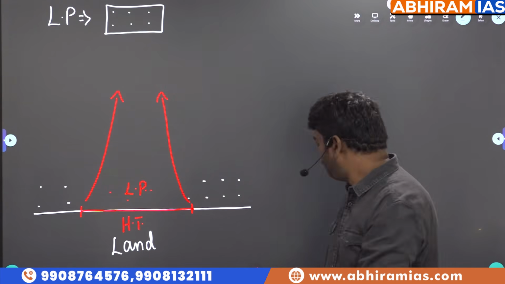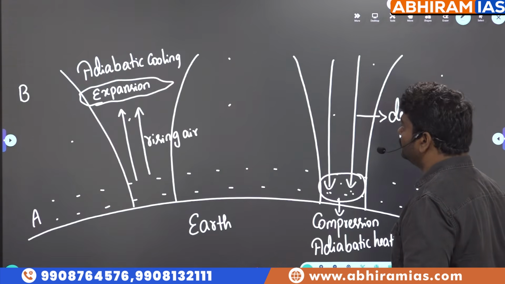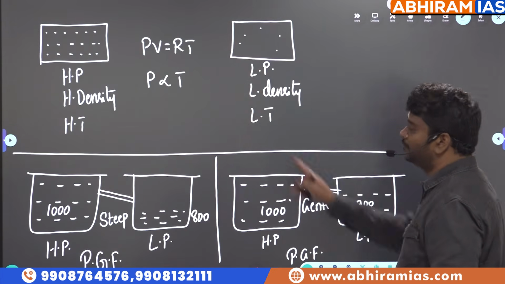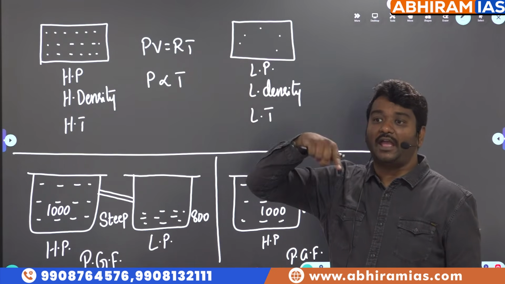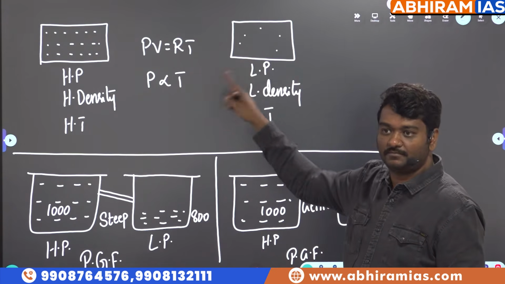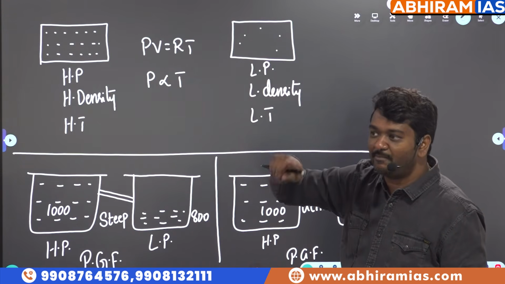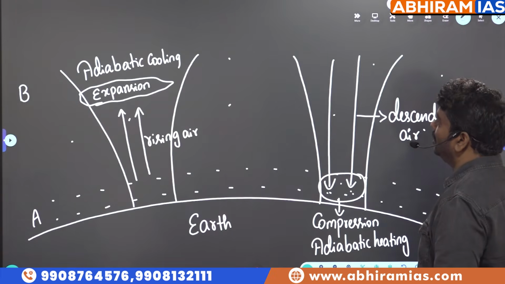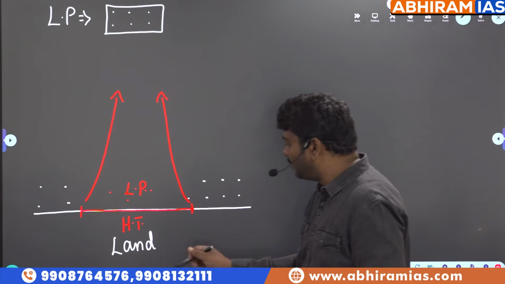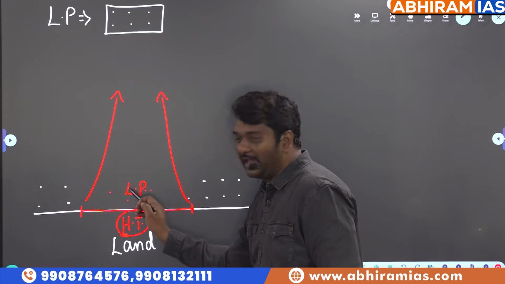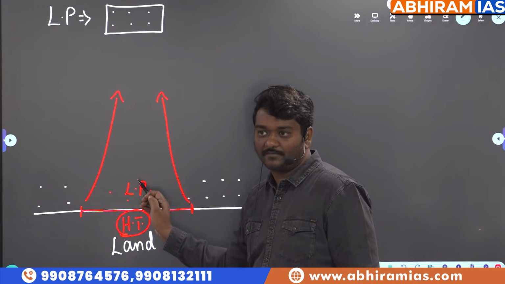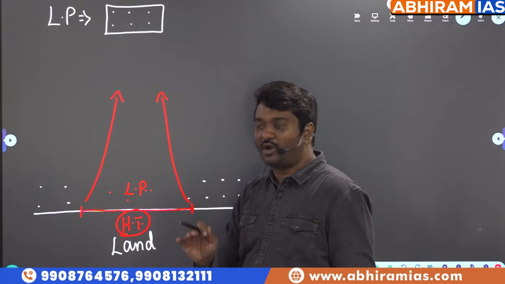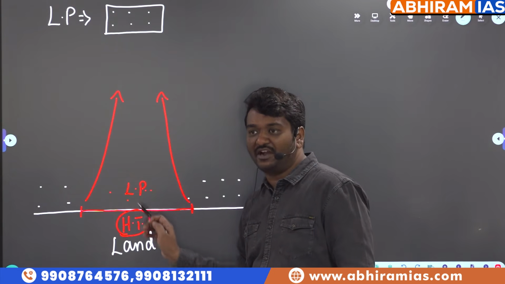Last time I gave you PV = RT. That is air temperature, air pressure. Whereas here I am talking about earth temperature, air pressure. Are you getting the point? I am not talking about air temperature and air pressure. I am talking about earth surface temperature and air pressure.